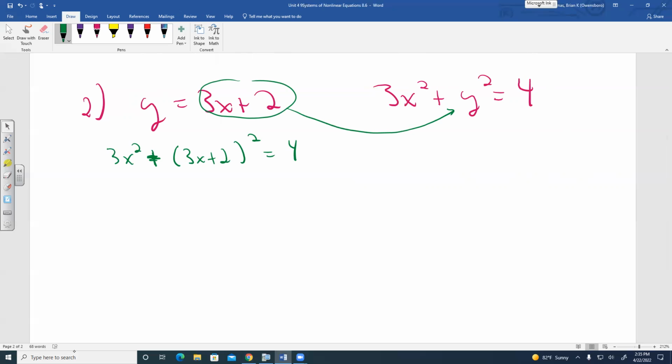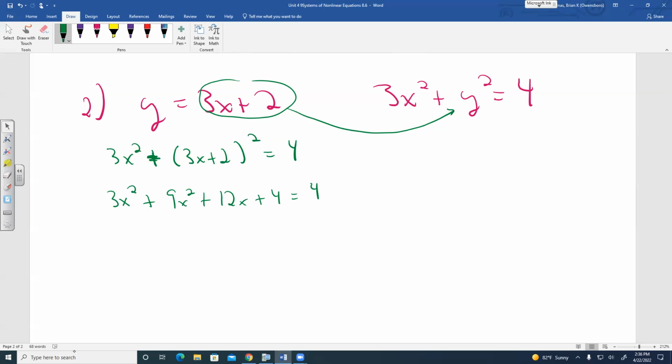So I can go ahead and simplify this by squaring out the 3x plus 2. Remember, that's going to be a trinomial. So 3x squared, and then 3x times 3x would be 9x squared. And then you multiply 3x times 2 and double it, that'd be 12x. And squaring the 2 would give me the 4. That equals 4.